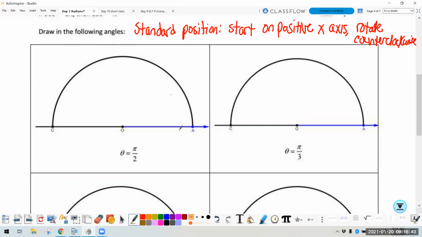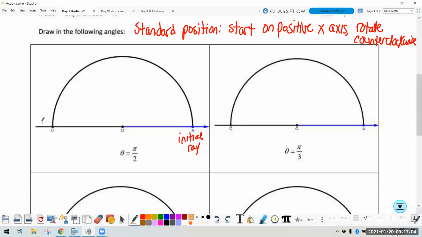So when I have this semicircle here, the initial ray is this blue ray. And I'm going to take my other ray and swing it around counterclockwise to get the angle to draw. So this is saying draw the angle of pi over 2.